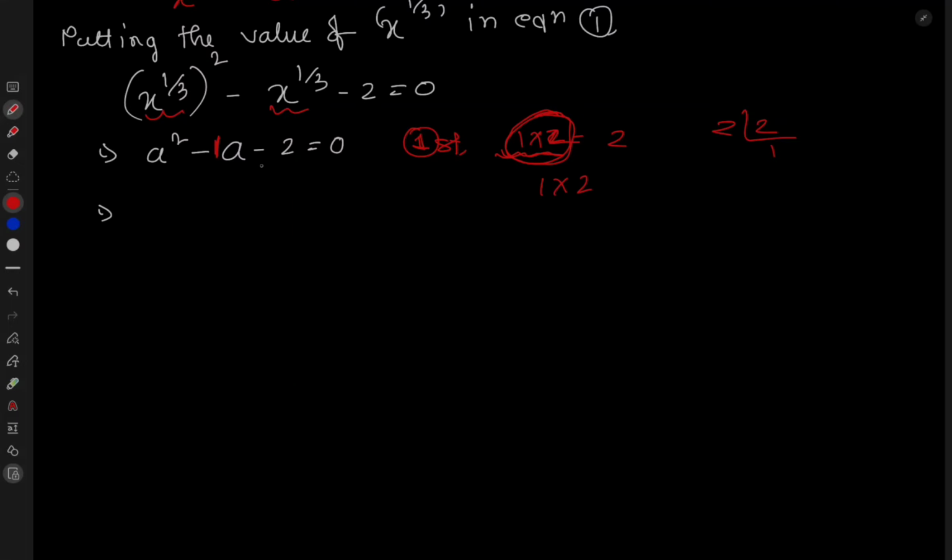In this equation, the constant term has a minus before it. So we have to get 1 by subtracting these two numbers. We can see that if we subtract 1 from 2, we get 1. So we can use this relation in place of 1.